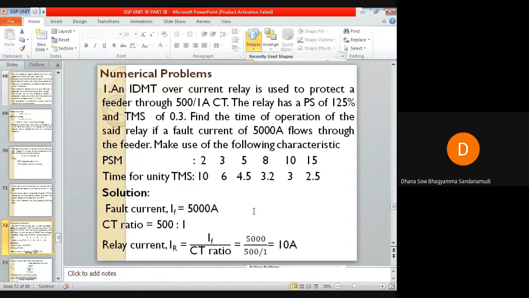Did you complete? Did you complete? Make it fast.